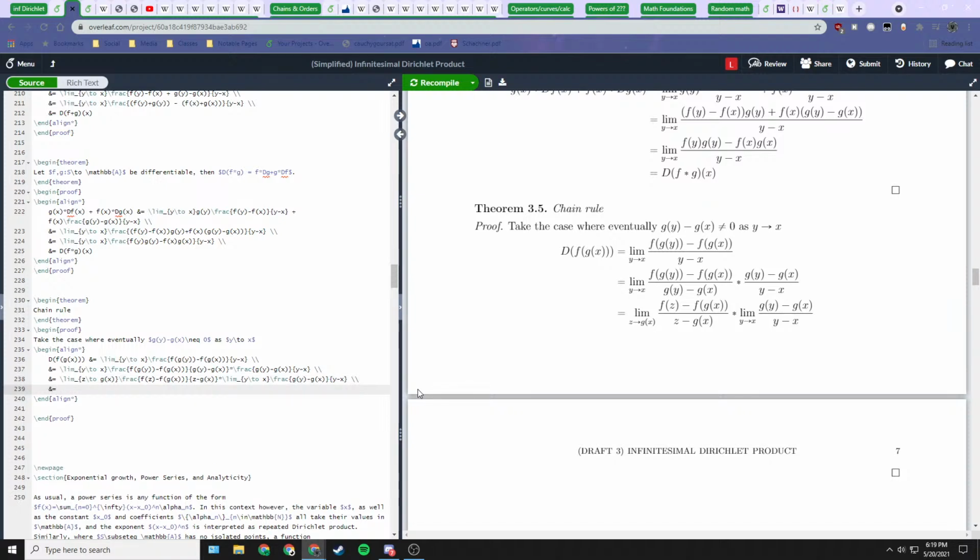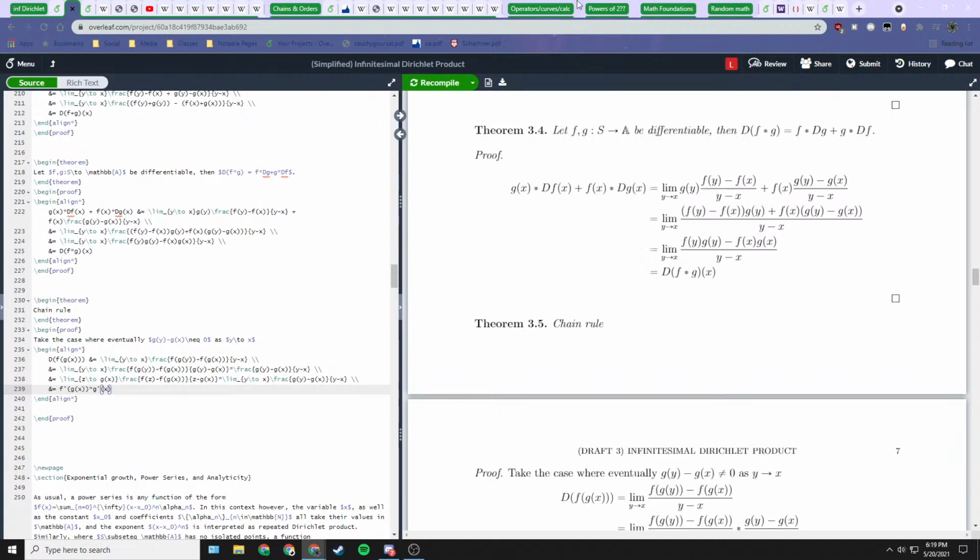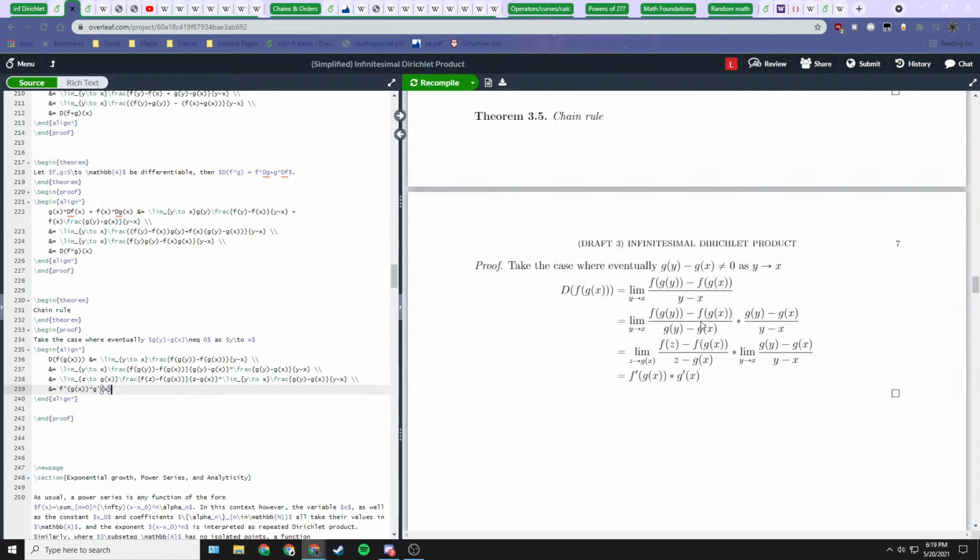The first one is just the derivative of f at g of x. Really I just want to write f prime, because I don't want to get too caught up in the notation. So this will be f prime of g of x, and then this second limit will be times g prime at x. So this is if the terms are never 0.